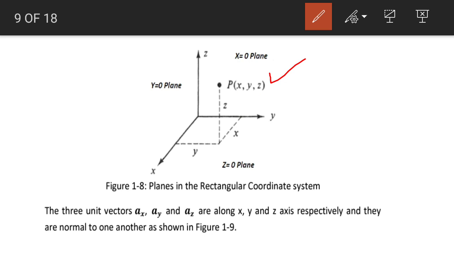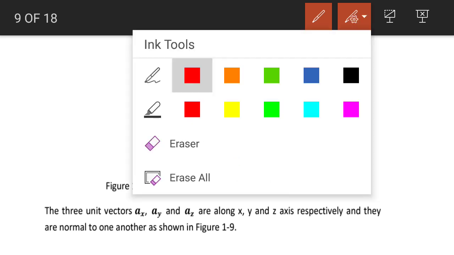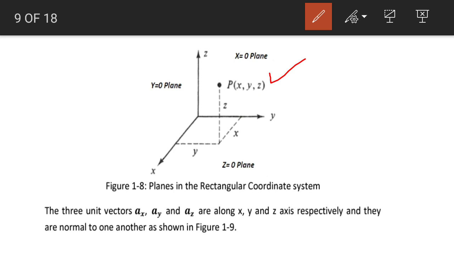If we consider this rectangular coordinate system, which is shown in figure 1.8, you can see three planes in this rectangular coordinate system. You can see the z equal to 0 plane, the x equal to 0 plane, and the y equal to 0 plane.